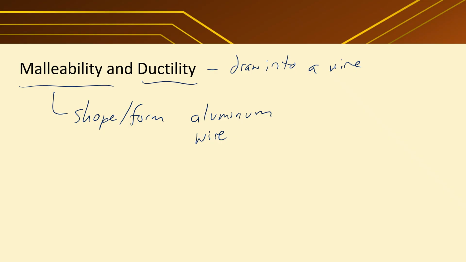And all of this arises because of those free valence electrons. Because the electrons are free to move, it allows us to bend the metals around.